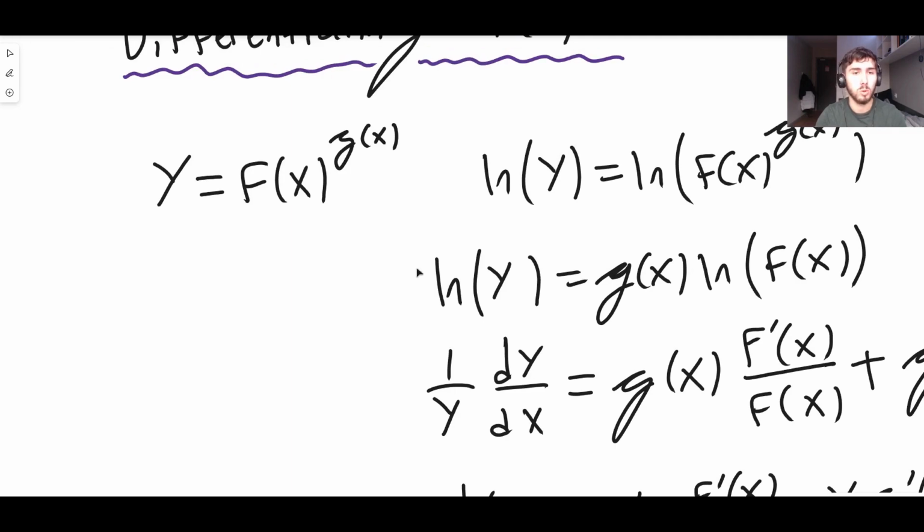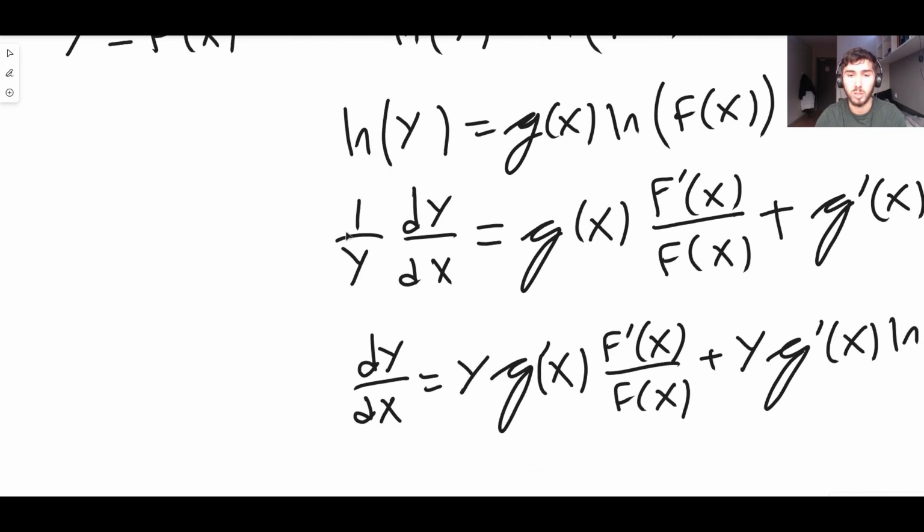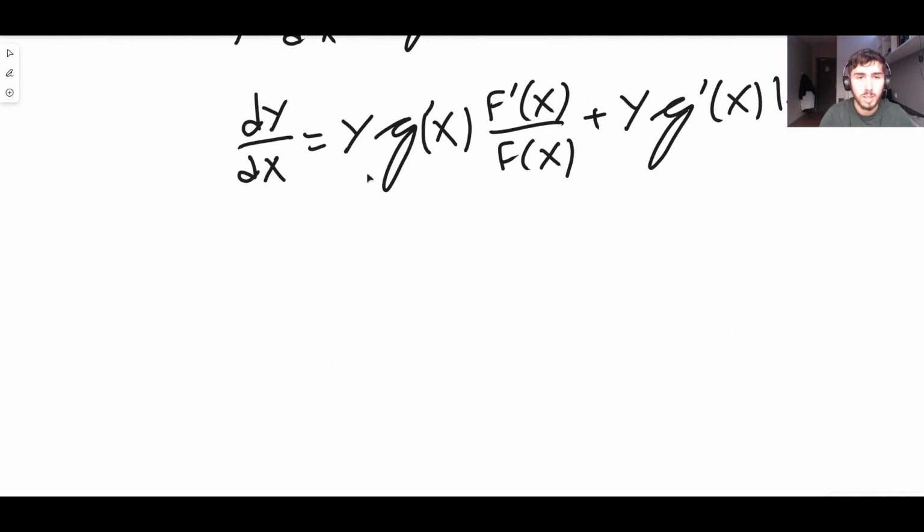We remember the original point of the question is we've said that y is equal to f of x to the power of g of x. So we're going to replace all of the y's with f of x to the g of x.